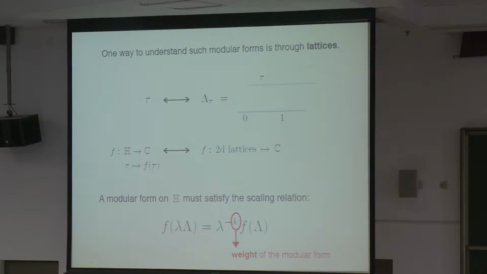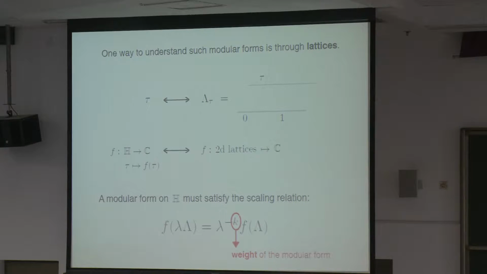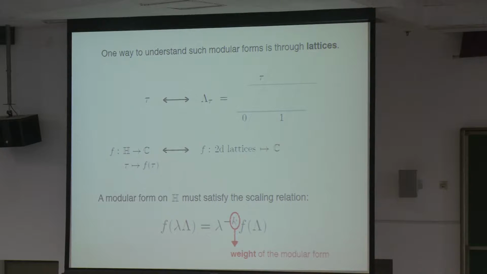For a given point tau on the upper half plane, you can associate to it a two-dimensional lattice generated by the identity vector and the vector tau. In such a way, a modular form can be thought of as a function associated to each 2D lattice, a C number. It's a wrong kind of error here, I apologize.